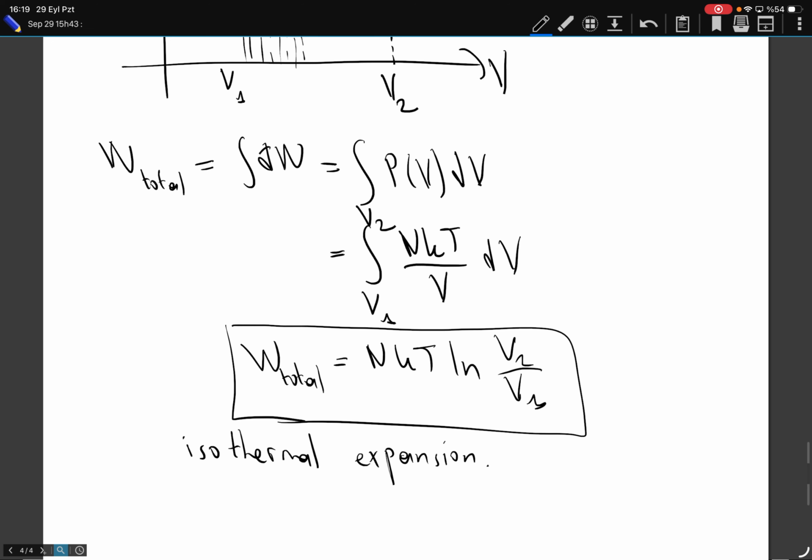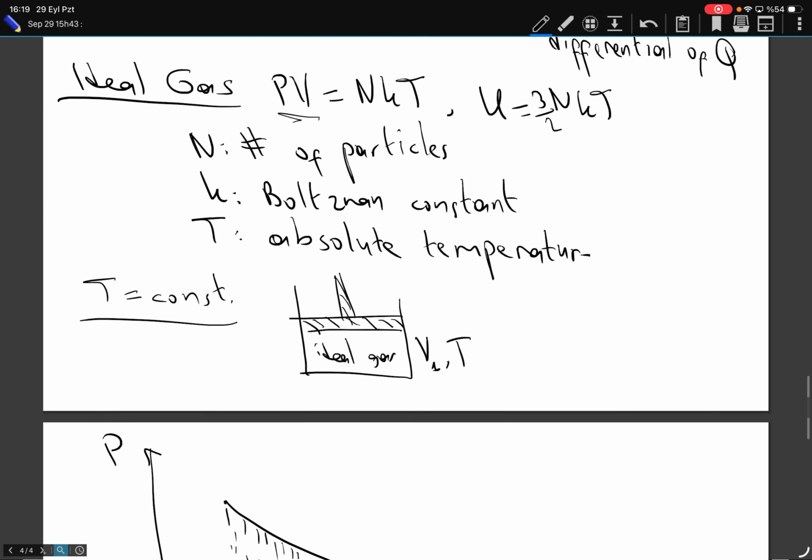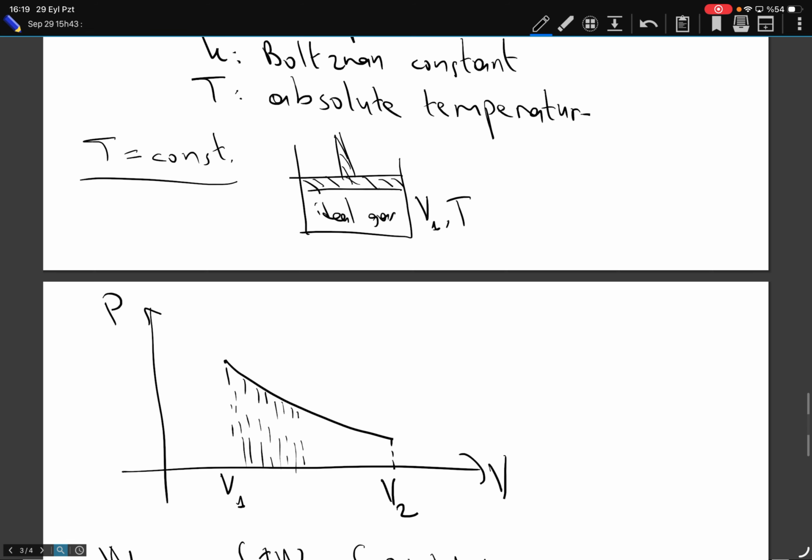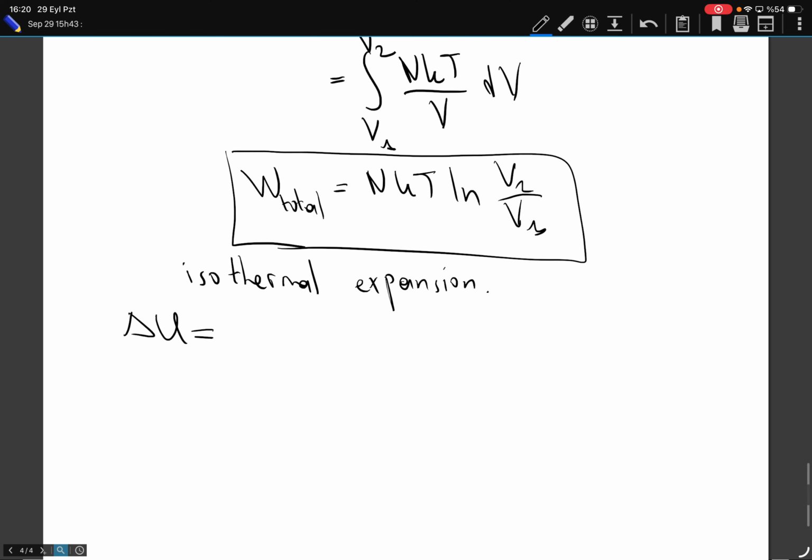Now, what is the change in the temperature of this system, in the internal energy of this system? Remember, U is 3/2 nKT, n is fixed, K is just the Boltzmann constant, so delta U is 3/2 nK delta T. But we are told that we are looking at an isothermal process.